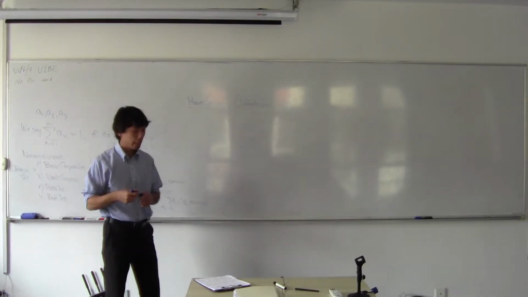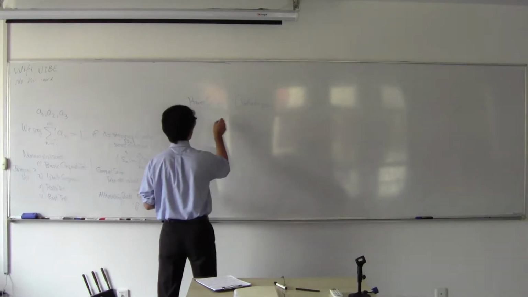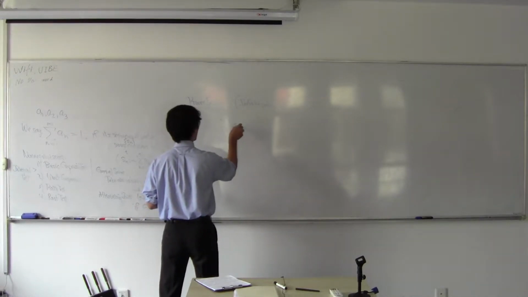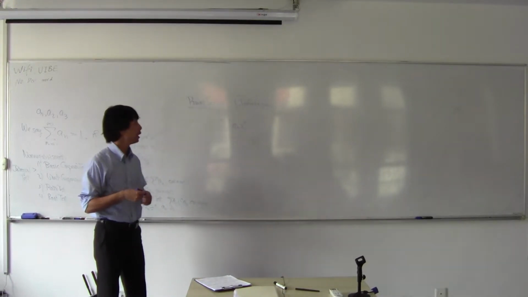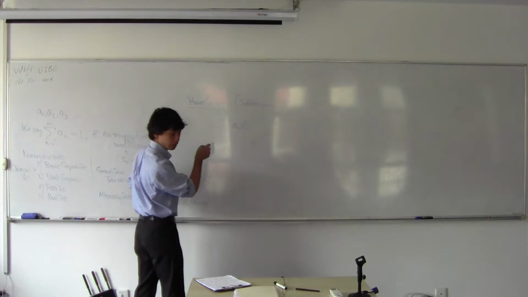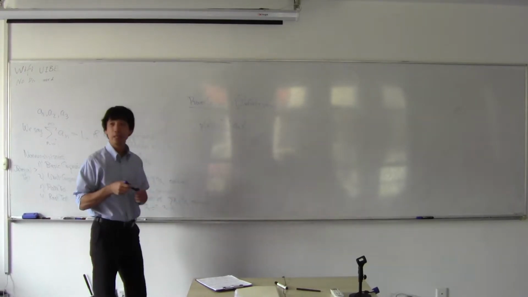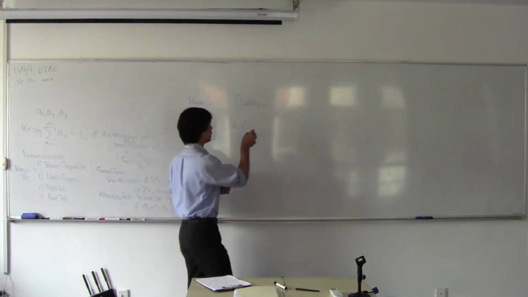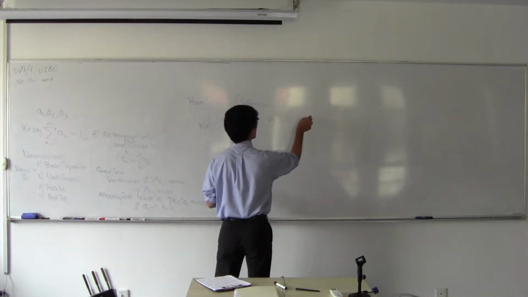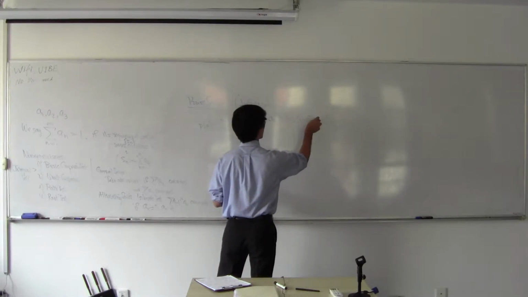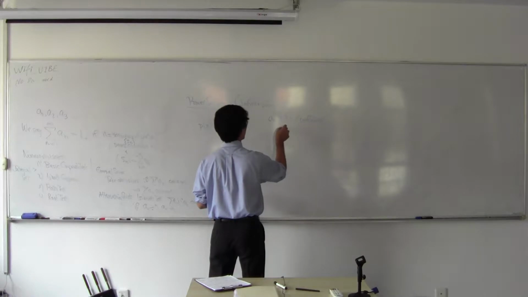They are going to look like this: a sub n, x to the n. It'll be a function, let's call it p of x, the sum of a sub n, x to the n, where the a sub n are your constants, the coefficients, and the x is your variable.